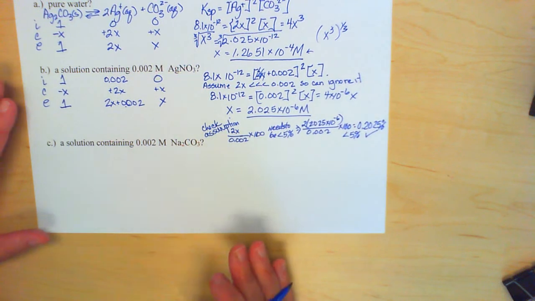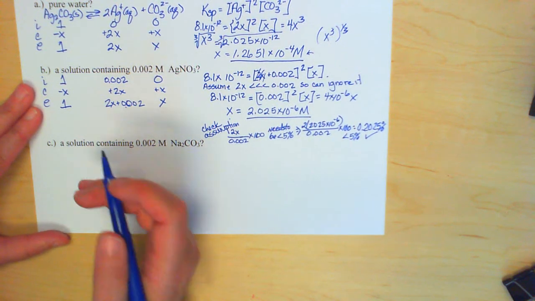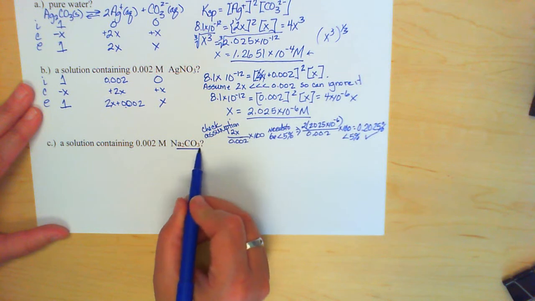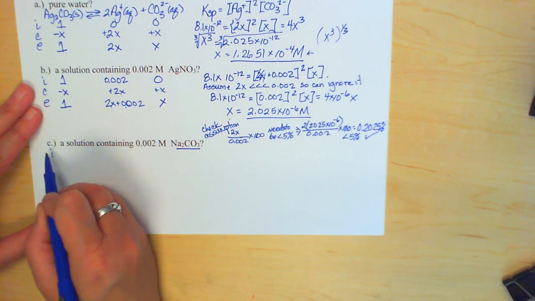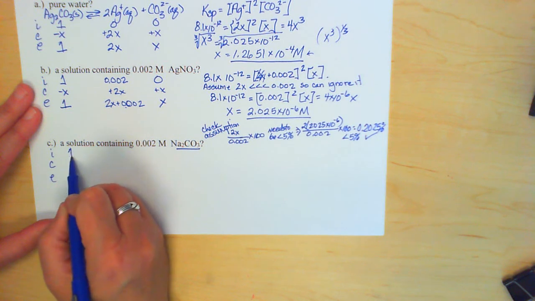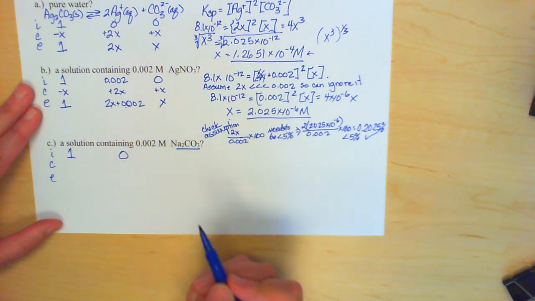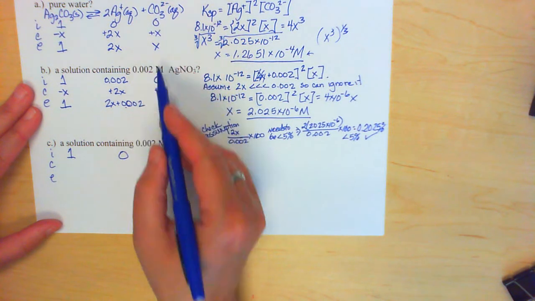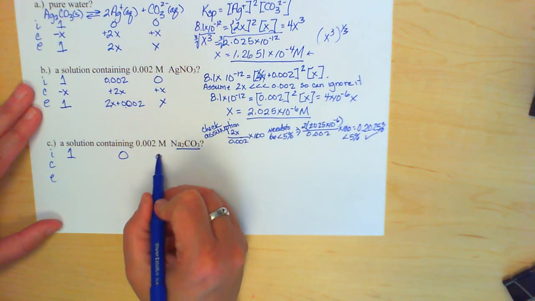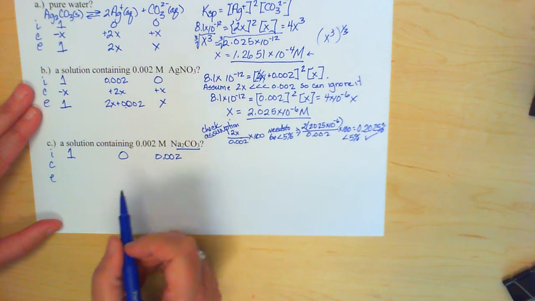Okay, so we're going to do another one. This one now is going to involve the carbonate ion. So we're going to do an ICE table again. So it's still 1. The silver is still 0, but now for the carbonate, okay, I'm following it down from there, I have a value of 0.002.